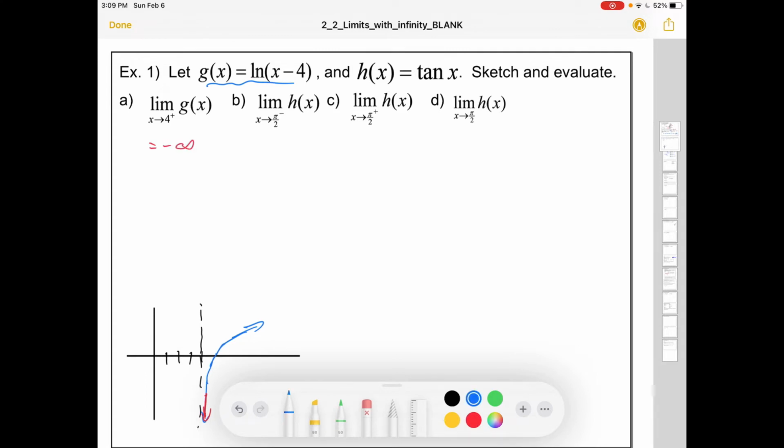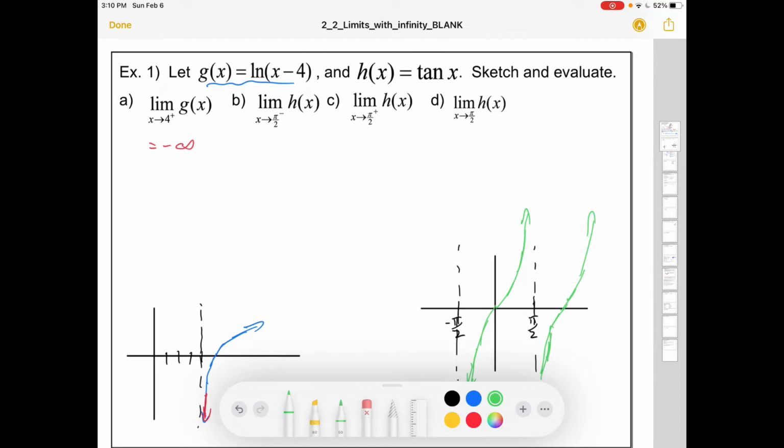The other ones have to do with h of x, which is tan x. So let's graph tan x. Maybe it's been a little while, but it's got asymptotes. We know it, pi over 2 and negative pi over 2. Okay. And it does its thing, which looks kind of like this. And then it does its thing again, over and over.